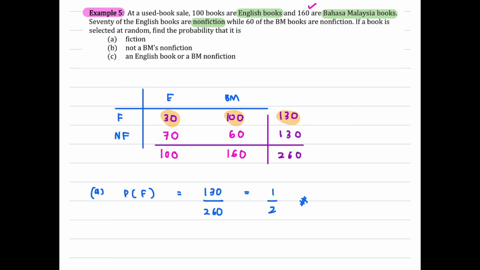Okay, part B. Not a BM non-fiction. You have BM non-fiction but not, so that is a complement event. Just symbolize as bar or prime. Where is the BM non-fiction? BM non-fiction is 60.